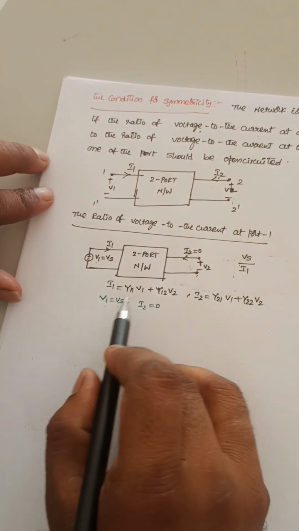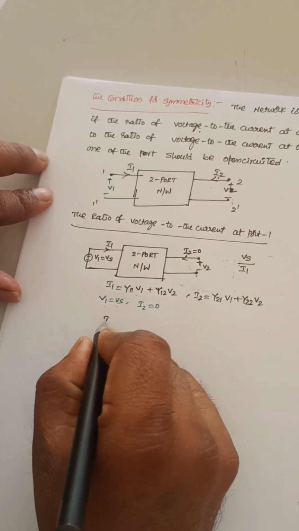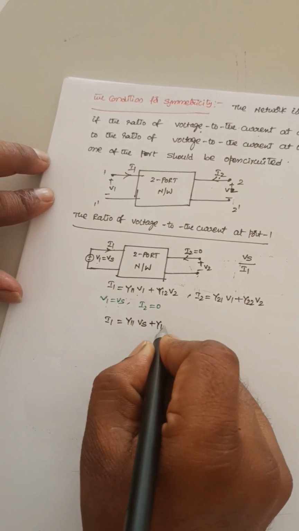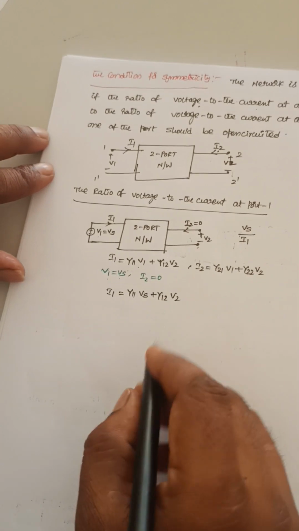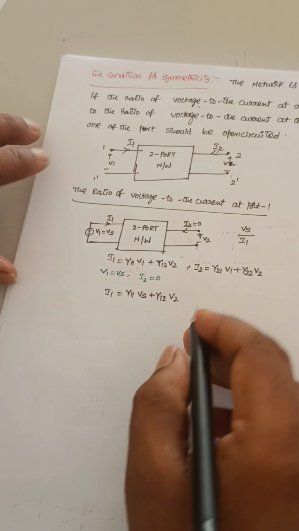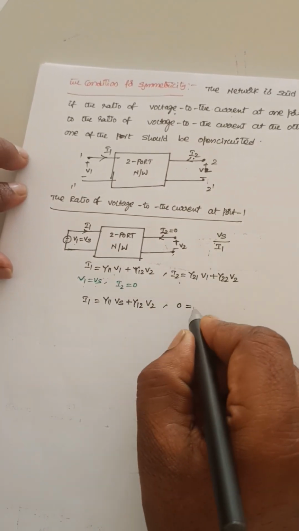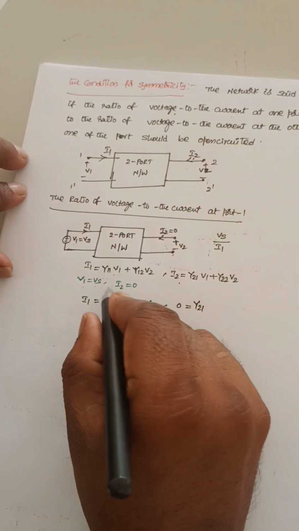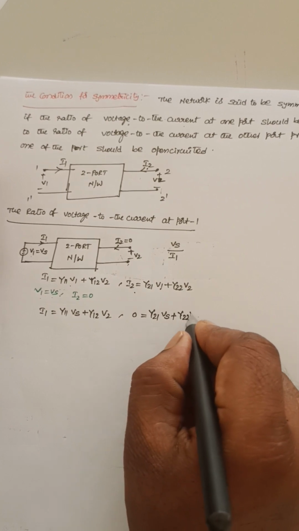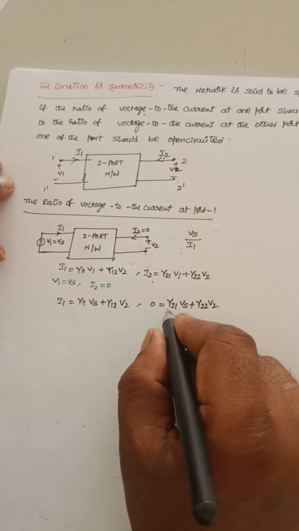So I1 is equal to Y11 Vs plus Y12 V2. I don't know the value of V2, so I need to express V2 in terms of I1 and Vs. For that I am using this equation: I2 is equal to 0, so 0 is equal to Y21 into Vs plus Y22 V2. Now write this V2 in terms of Vs.